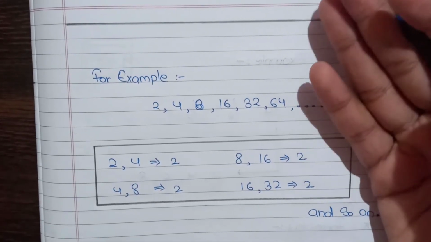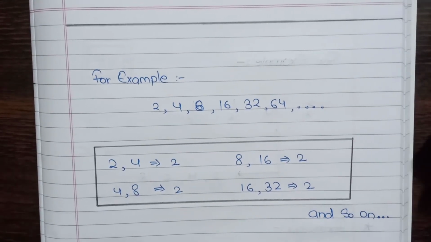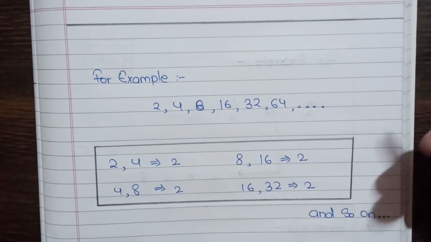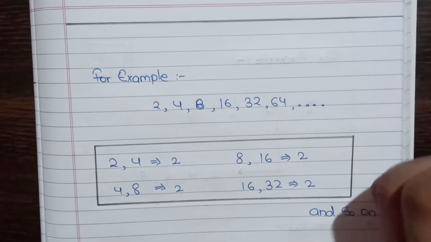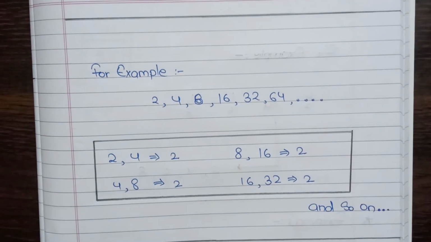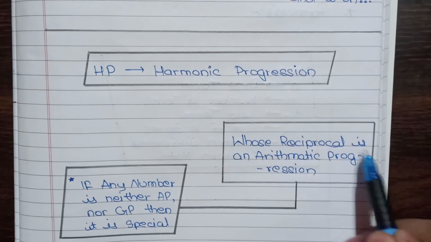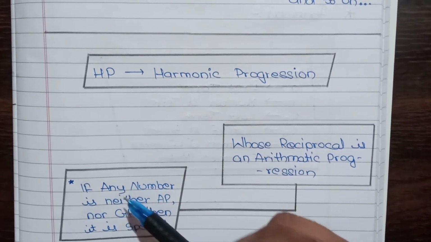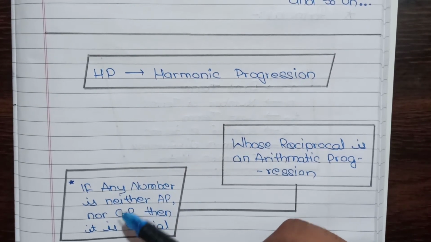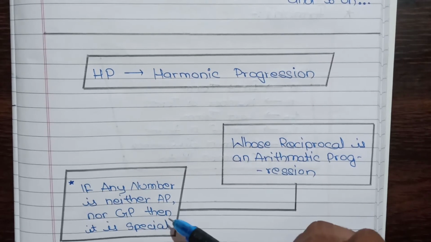Now the next one which we'll learn is HP. HP in mathematics means harmonic progression, whereas in physics it means horsepower. But we are going to learn harmonic progression of mathematics. Here I have written: whose reciprocal is an arithmetic progression. And in the star note I have written: if a sequence is neither AP nor GP, then it is special.